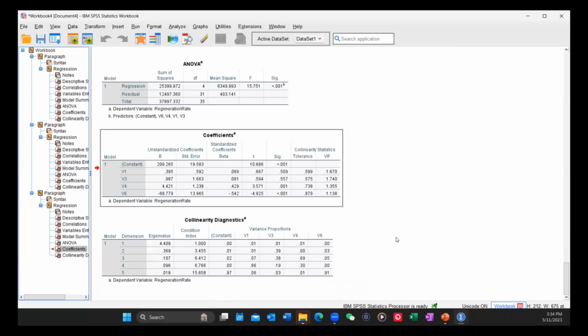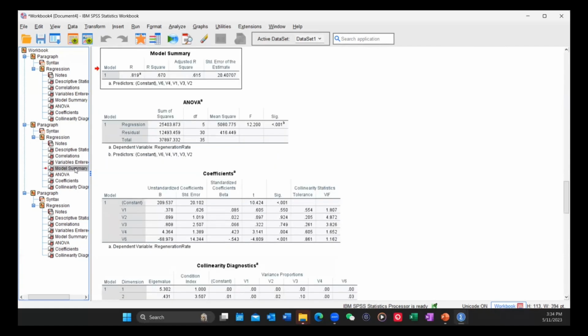Now let's compare these two models to see whether we should remove V2, okay? In the previous model, when we include V2 in the model, the adjusted R-square value is 0.615.